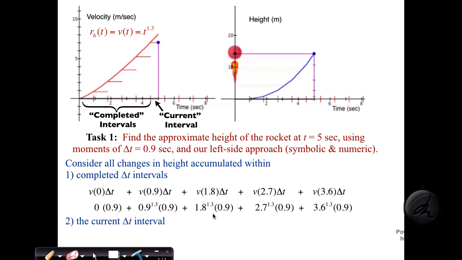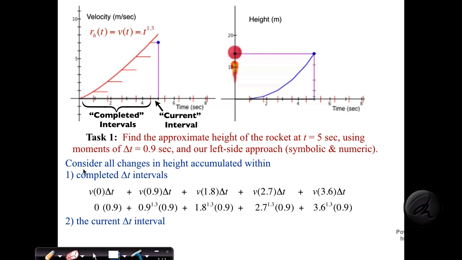Yeah, this 0.9 isn't the t value. This 0.9 is the delta t value. So this 1.8 is substituting in, so v of 1.8 is 1.8 to the 1.3, because v of t is t to the 1.3. But this 0.9 that shows up in every single term, that's that delta t. That's the width of the interval, that parameter that we set up at the beginning of the problem.